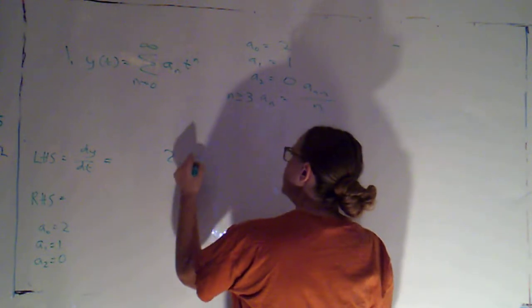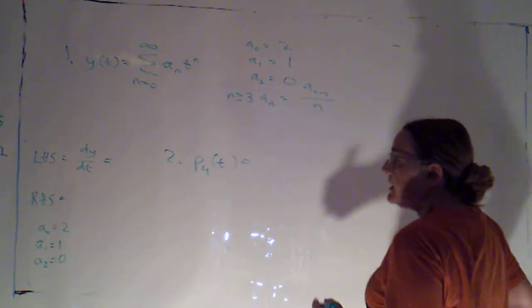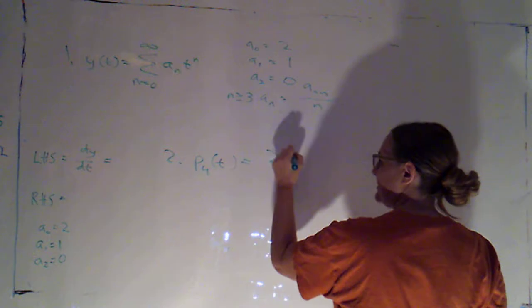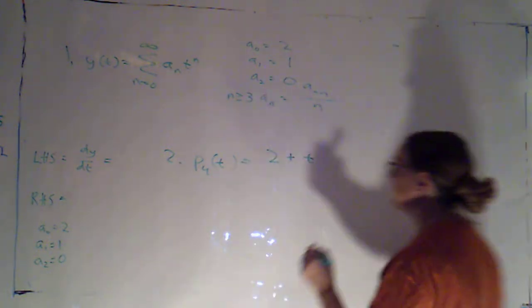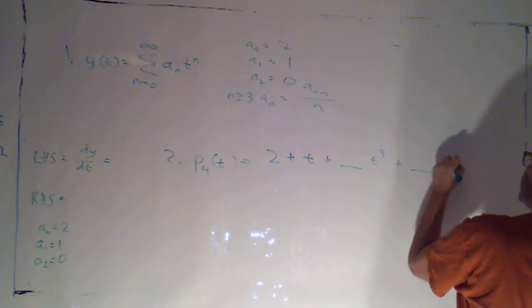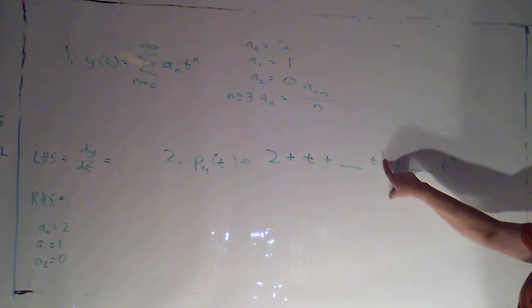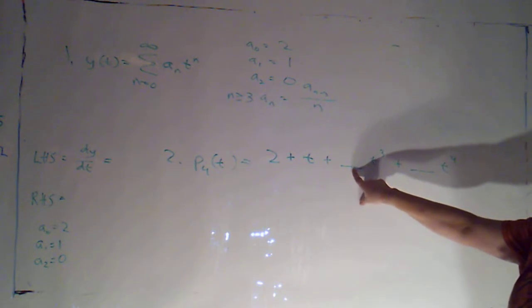So part 2, p sub 4 of t is going to equal 2 plus t plus 0t squared plus some t cubes plus some t to the fourths. So now I do need to figure out what exactly is a sub 3.